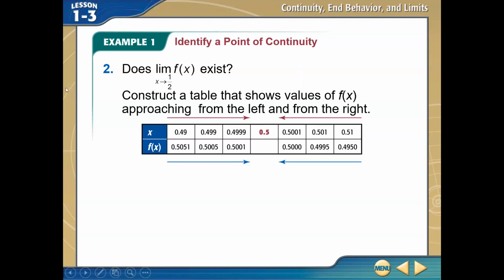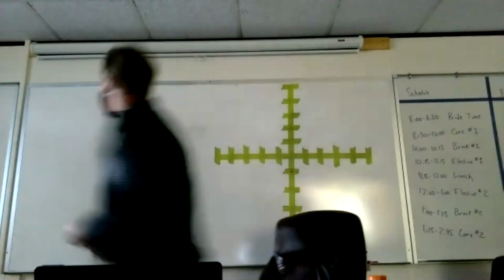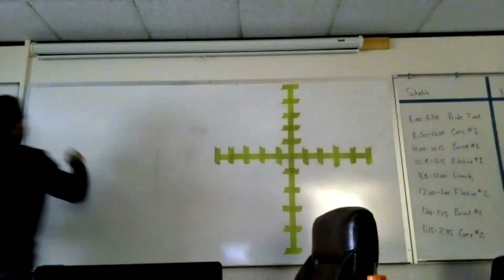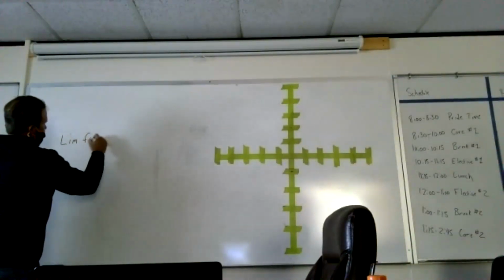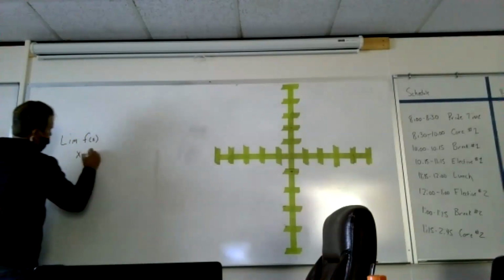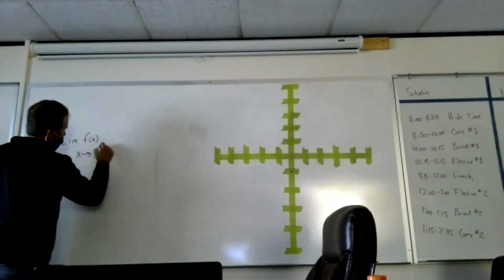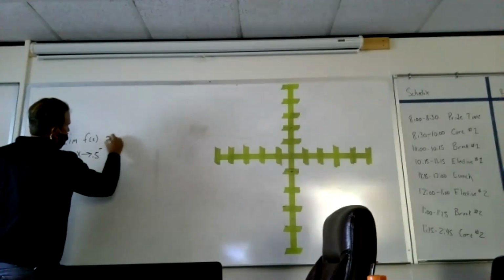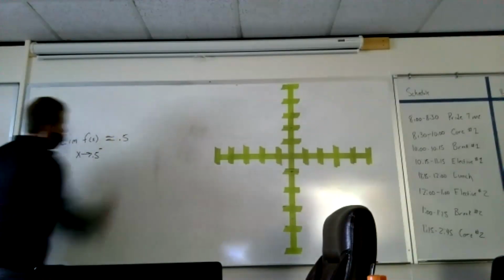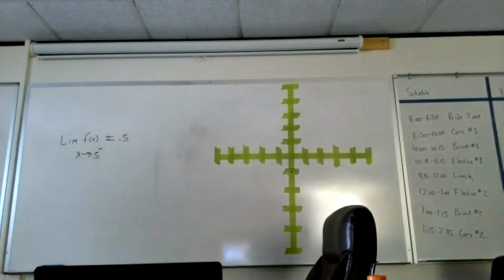So how we would describe that, using our symbols for this specific equation, the limit of f of x as x approaches 0.5 from the left is approximately 0.5.